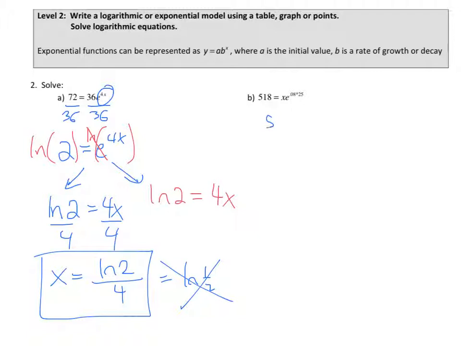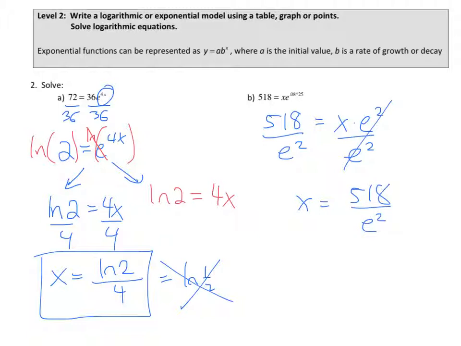So this is the same as 518 equals x times e to the second. But to get x by itself, all I have to do is divide both sides by e to the second, which is just some number. And I get x equals 518 over e to the second. And that is exact form. Again, I could change it to a decimal approximation if I wanted, but exact form is just fine.